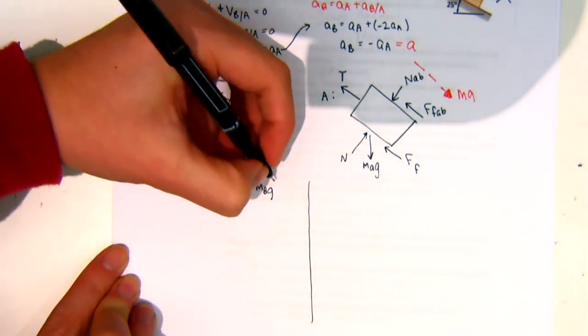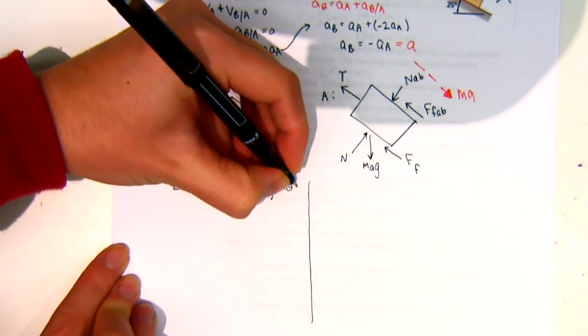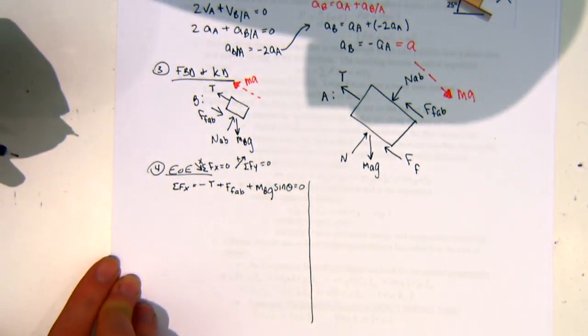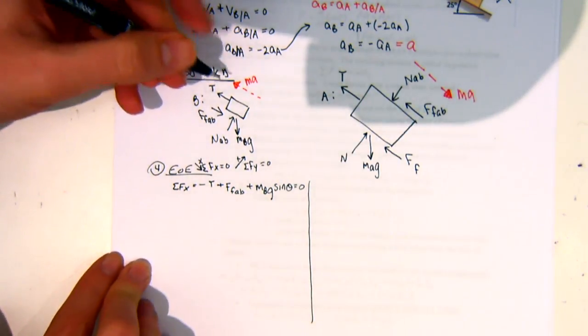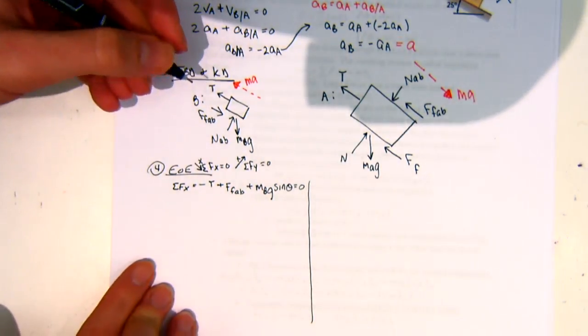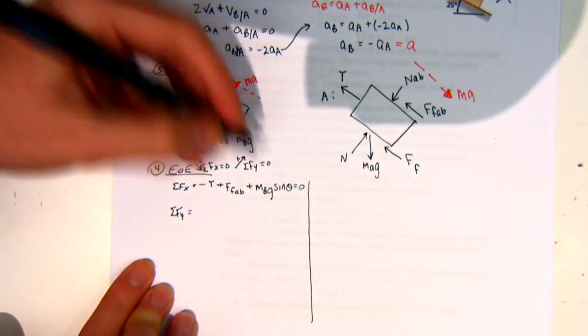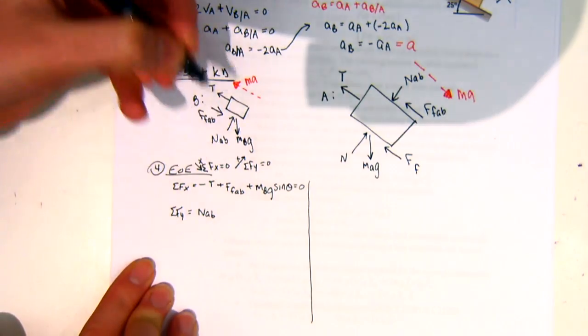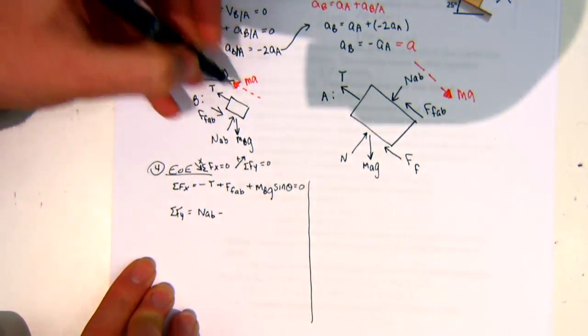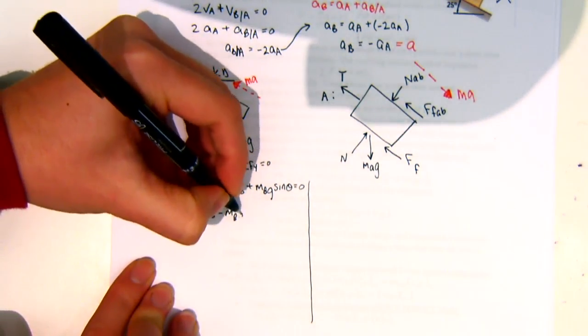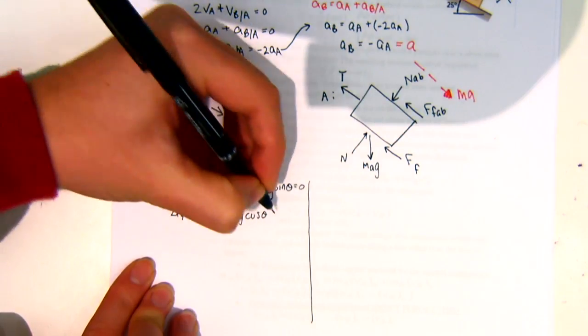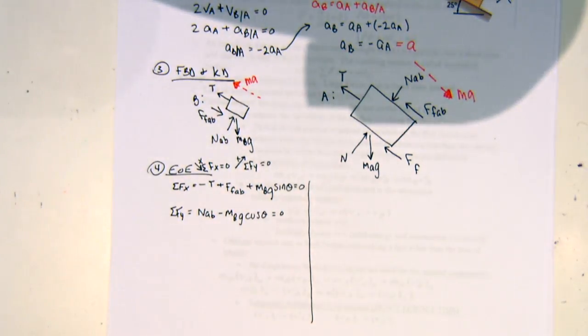Sine, good. So I have sine of some angle theta equal to 0. And so next I can say sum of forces in Y equal to, I have NAB, and then I have minus MBG cosine theta equal to 0.